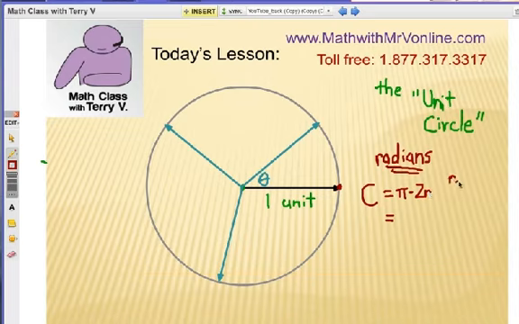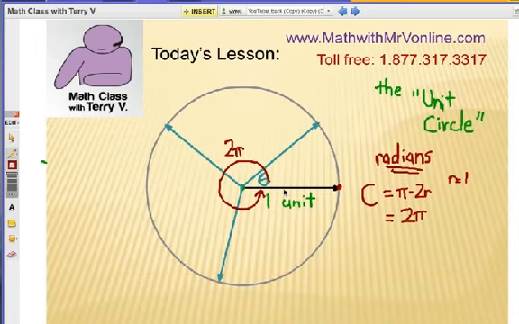So in this case all we do is substitute 1 in place of the radius, and that gives us the complete distance all the way around the circle is 2 pi. So what we've done is we've taken the fact that if we spin completely around that circle, that is going to be 2 pi radians. Okay, that's a complete 360 degree spin around that circle. Okay, now we're going to convert everything now into radians, back and forth from radians to degrees.